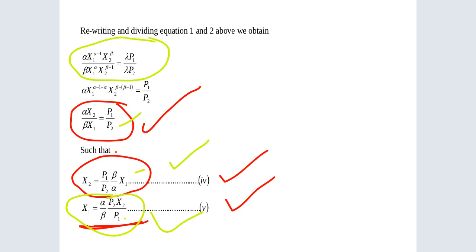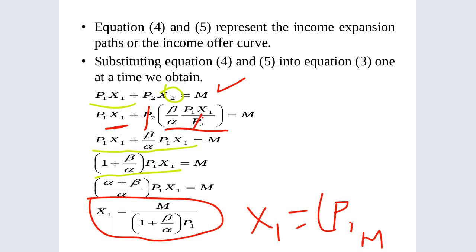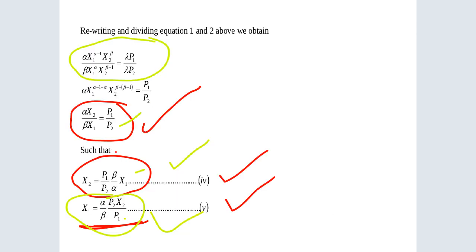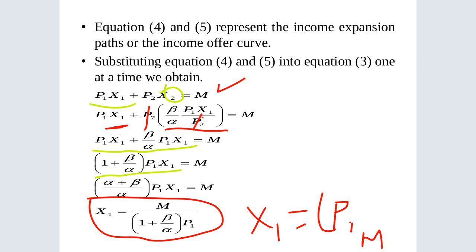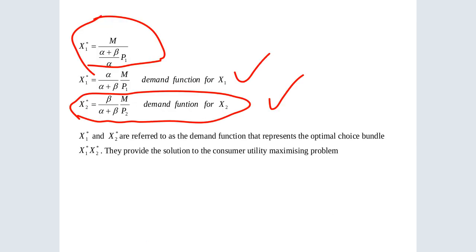Go to this again. So in place of x1, you replace it with what we have here. So our x2 would be equal to beta over alpha plus beta multiplied by m over p2.